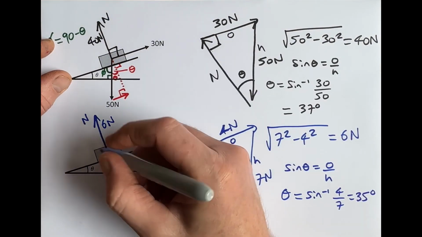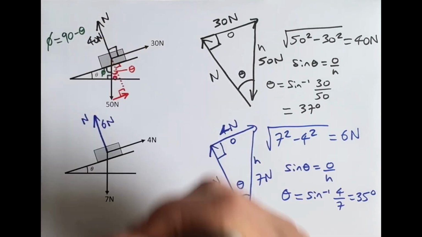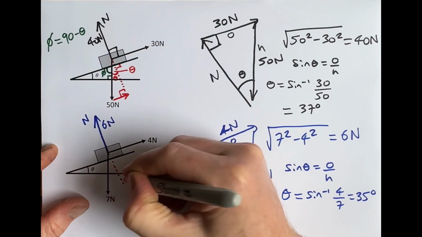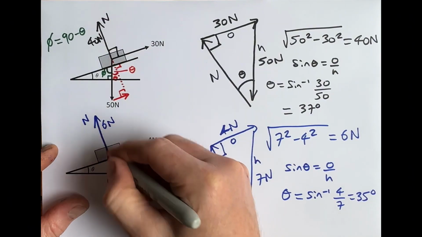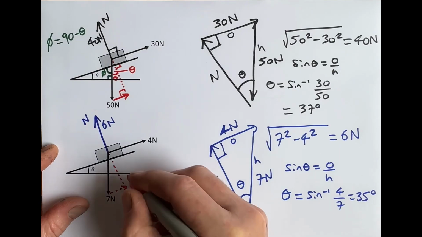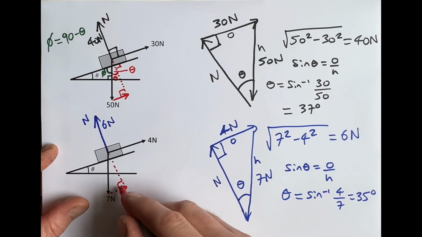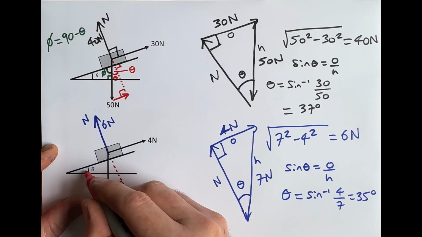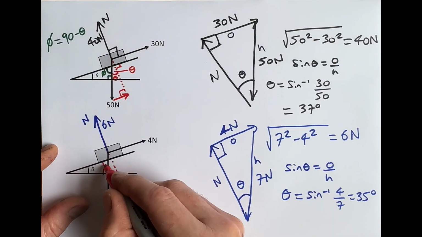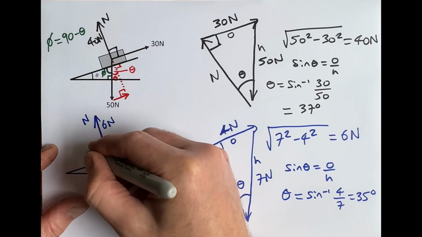And again, if you remember, the reason we know that is because we can extend the normal force line down like that. We can draw the 4 Newton force line like that. That's 90 degrees there. So this is theta, that's 90 degrees. So this angle here must be 90 take away theta.